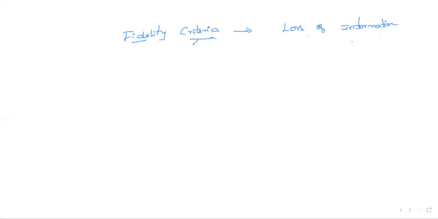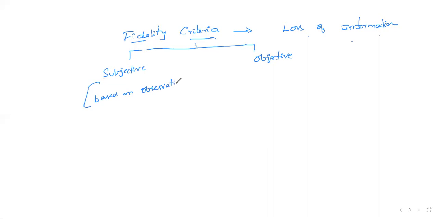The fidelity criteria is classified into two ways: subjective and objective. Subjective means based on observation, we judge the loss of information by providing a rating.